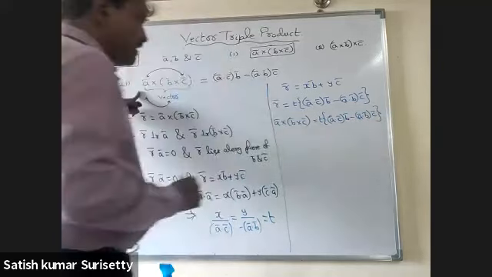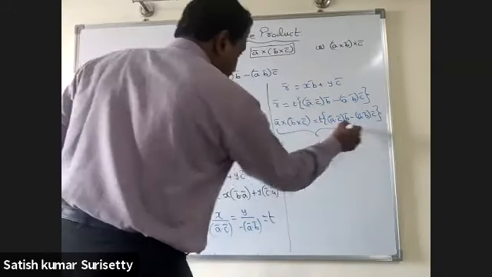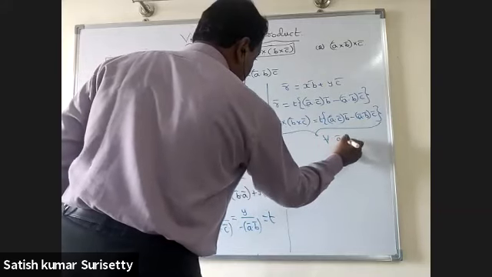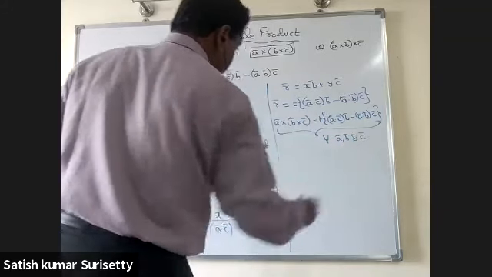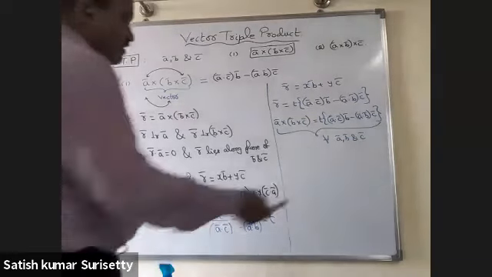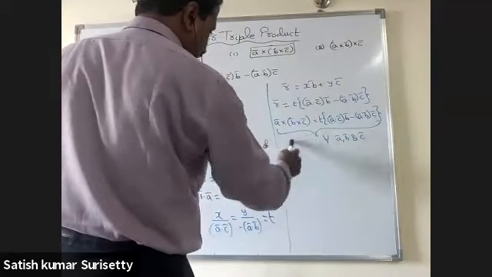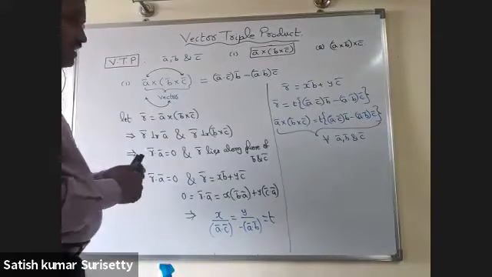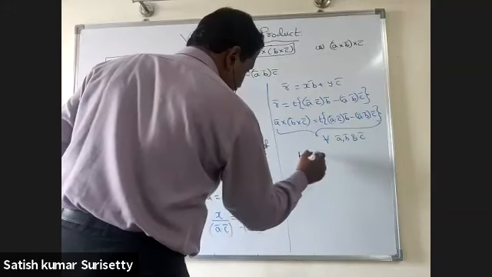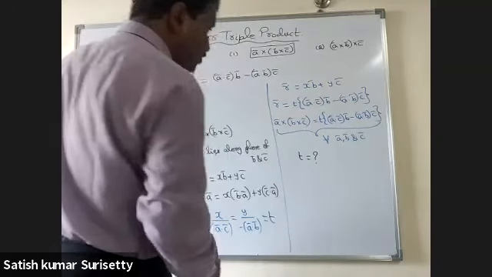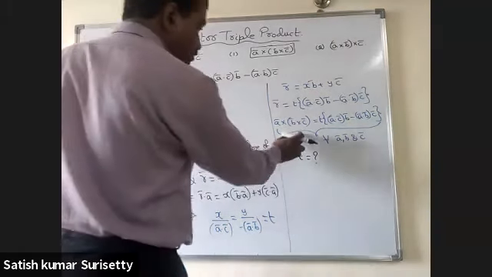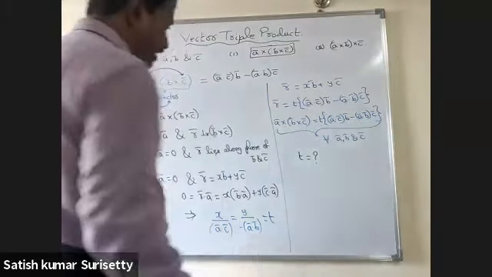Now this is an identity in vectors. That means this is true for all A bar, B bar and C bar. So give some vectors for A bar, B bar, C bar and calculate both sides and then equate them and get the value of T. You have to choose A bar, B bar, C bar in such a way that the left side should not be 0, the right side should not be 0.